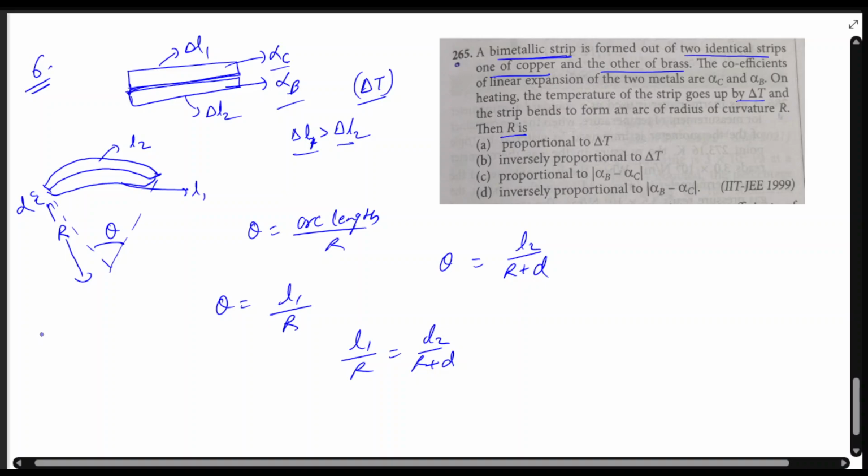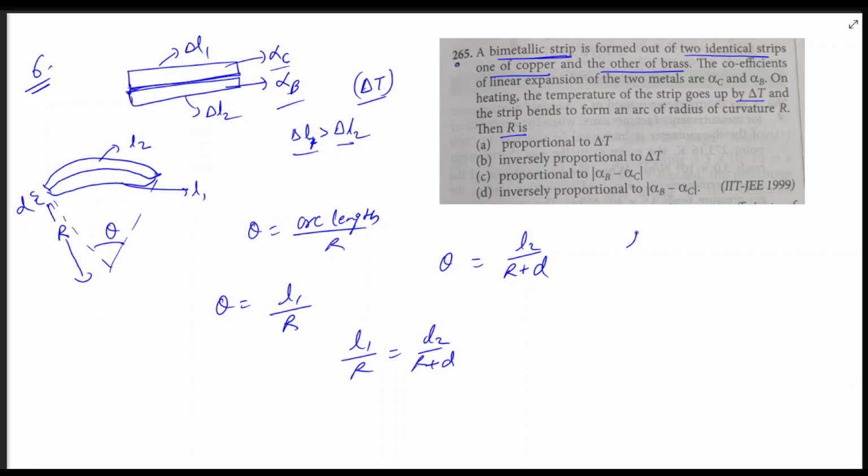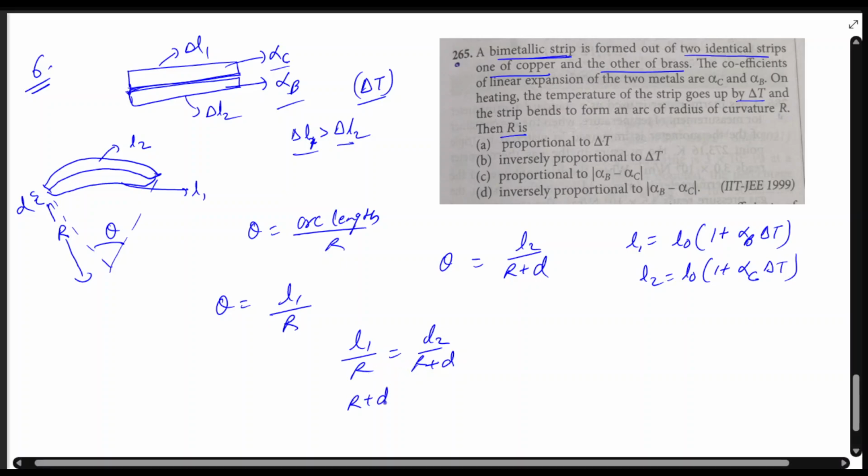Now L1 will be L naught times 1 plus alpha of brass delta T, and L2 will be, the initial length was the same, L naught times 1 plus alpha of copper delta T. Let's just put these values here. Now we have to find R. So simply, R plus D by R is equal to L2 by L1.